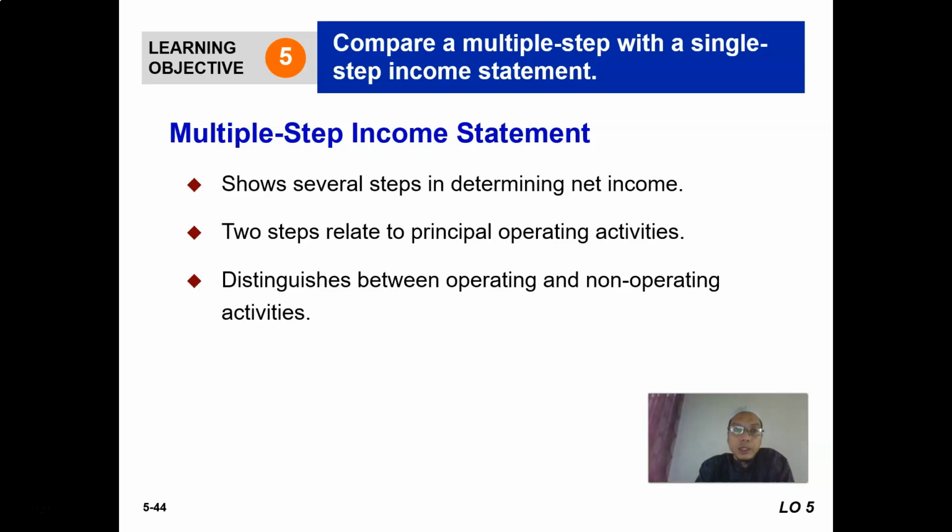Organizations have the choice of using a single step income statement, which we have been using all this while, and they also have the option to use the multi-step income statement. So what's the difference between the two?